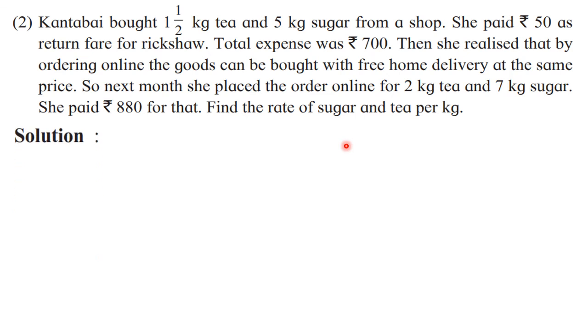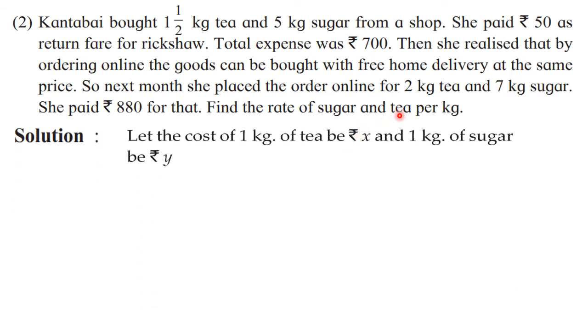So while taking the variables, you have to be very careful. Here, because tea has appeared first in the statement, I have taken the cost of 1 kg tea as rupees X and the cost of 1 kg sugar as rupees Y. Why? Because in the statements, tea and sugar is the sequence, so I have written the same sequence. It doesn't matter if you change it according to your convenience.